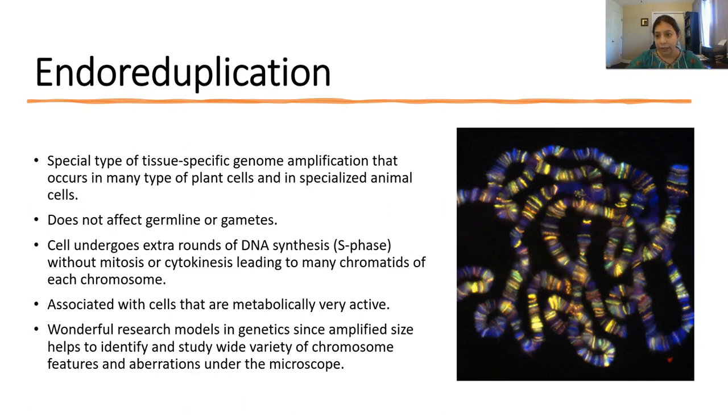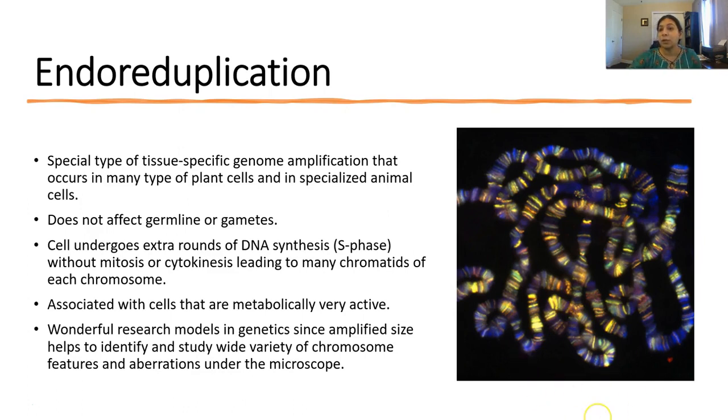They are great research models for genetics because you can see them so well under the microscope, and you can identify the banding pattern and dissect them and look at them to find what's wrong with them, what happens when you remove a part of it. Here is an example of these types of chromosomes in the salivary glands of Drosophila melanogaster, fruit flies.